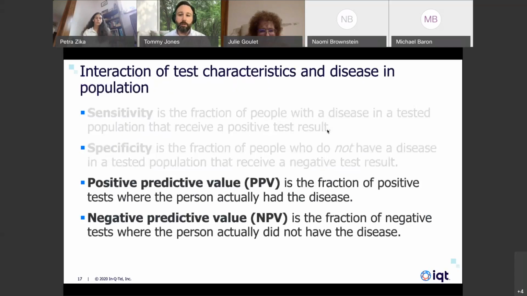But what we really care about from the question slide is positive predictive value and negative predictive value. And those are a function of both the characteristics of the test interacting with the prevalence of the disease in the population being tested. So in practice, we often don't know what this is for any diagnostic test.